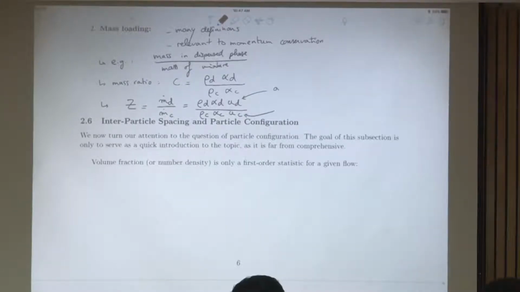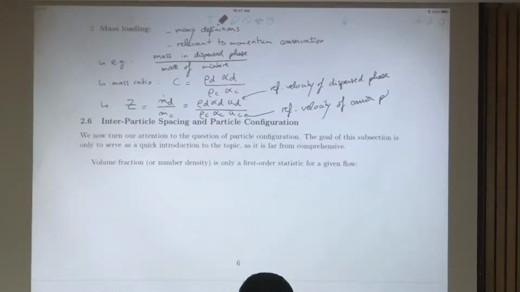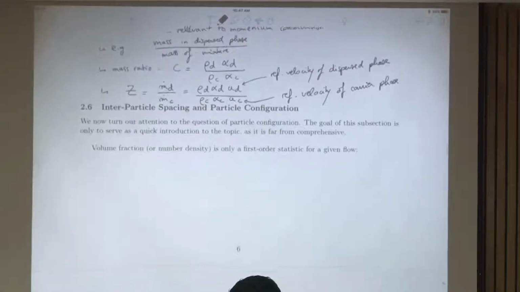Well, this would be some sort of a reference velocity of the dispersed phase, or reference velocity, and here reference velocity of the carrier phase. So we'll talk about that.